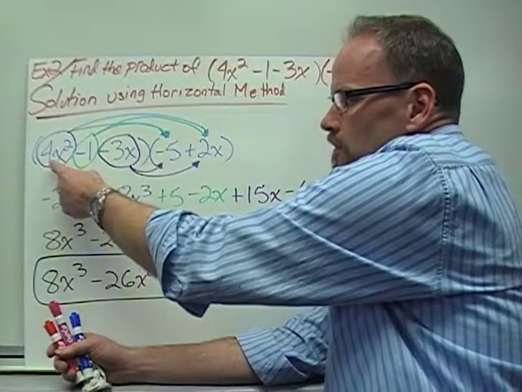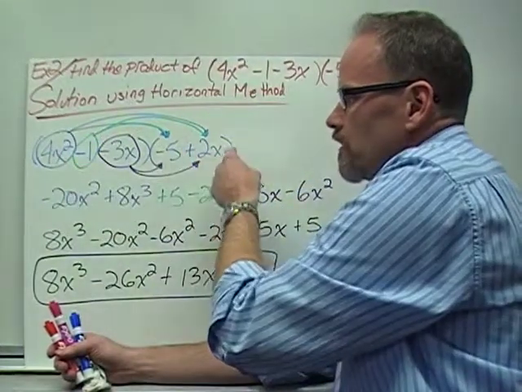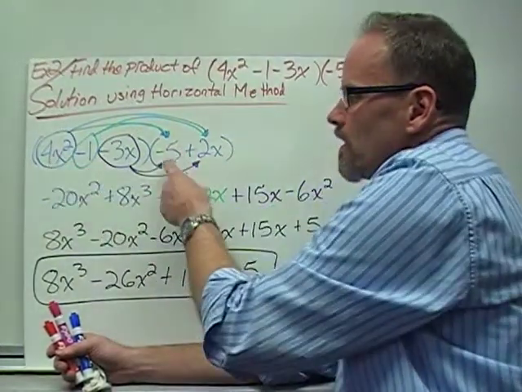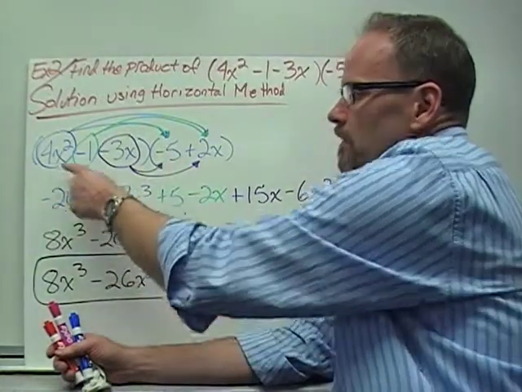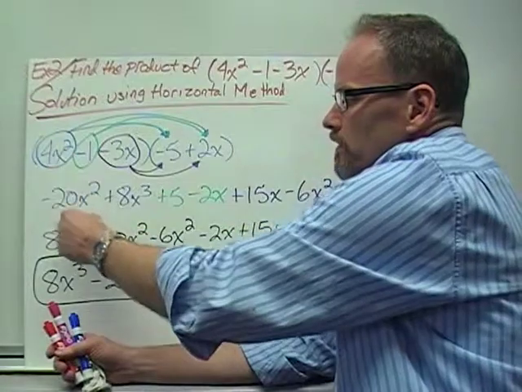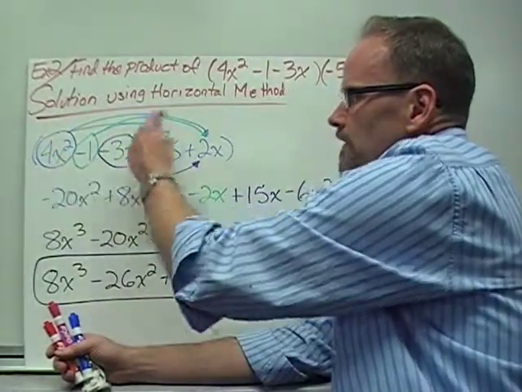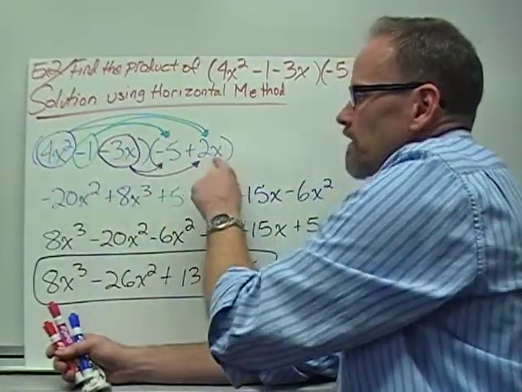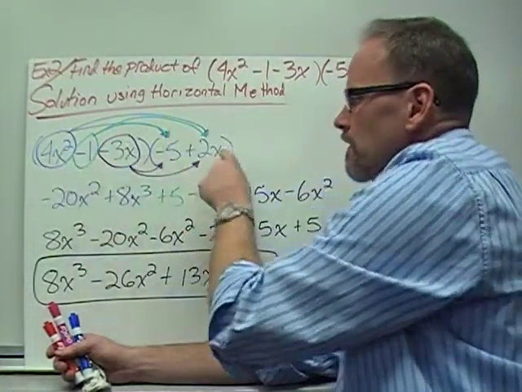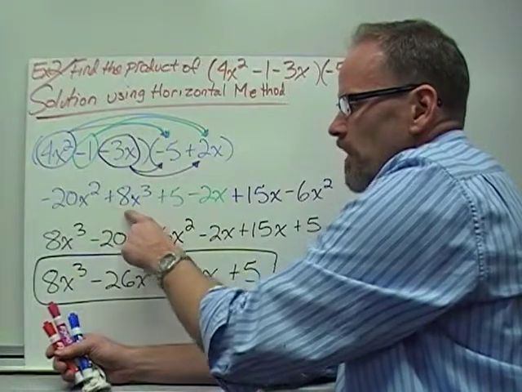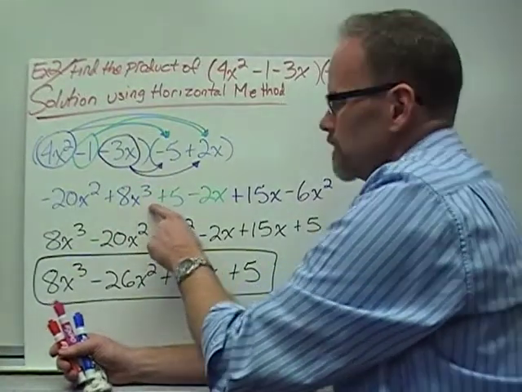And now I'm going to distribute the 4x squared against everything over here. Positive 4x squared times negative 5, well, that's a negative 20x squared. The blue circle stays with the blue terms of what I did with it. And then I also multiplied it times positive 2x. So positive 4x squared times positive 2x gives you a positive 8x cubed.